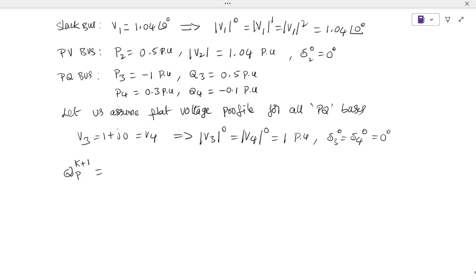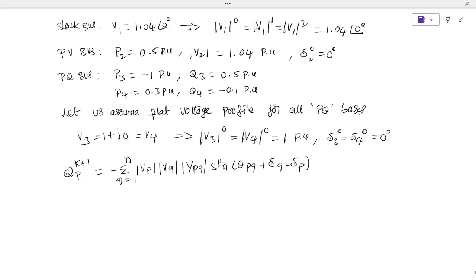We know that it is minus sigma q is equal to 1 to N, V_p V_q Y_pq sin(theta_pq plus delta_q minus delta_p). This is the equation for Q.